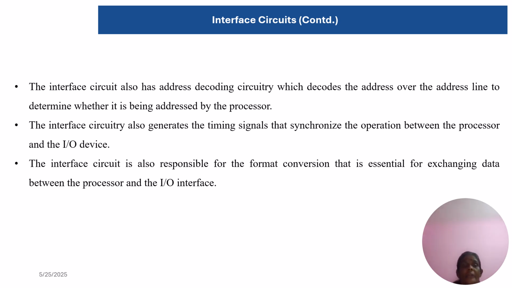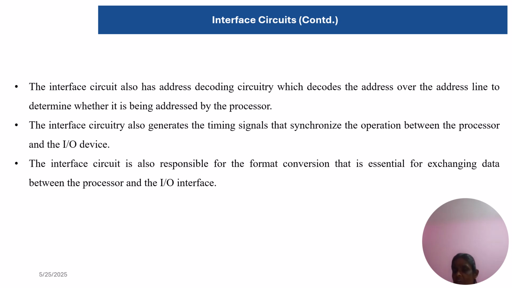And next one, the interface also has address decoding circuitry which decodes the address. The address will be sent in hexadecimal, but it has to be decoded to understand which device is being addressed over the address line, to determine whether it is the correct address or not. The interface circuitry also generates a timing signal that synchronizes the operation between the processor and I/O devices.